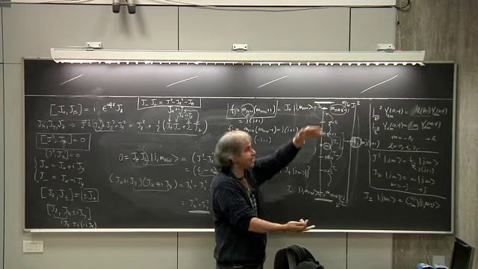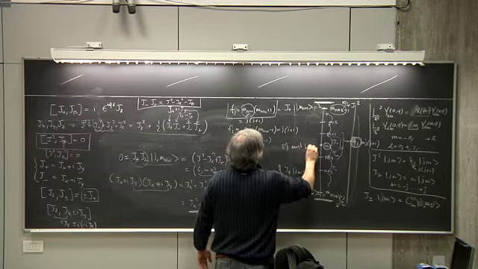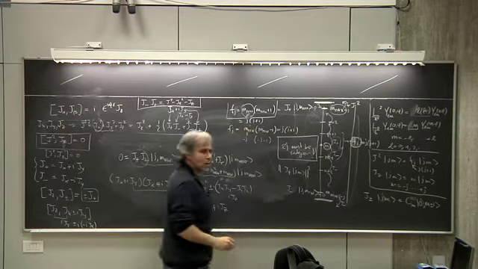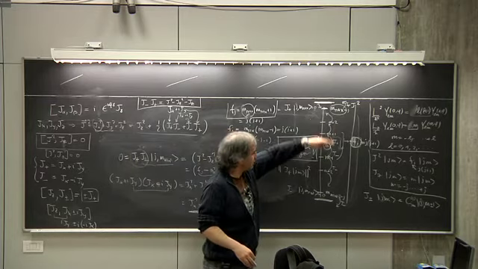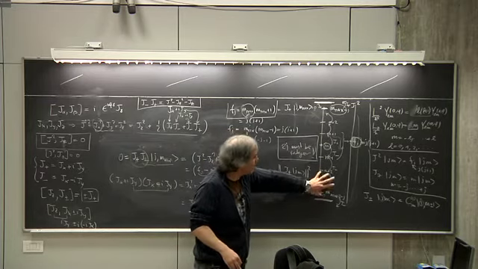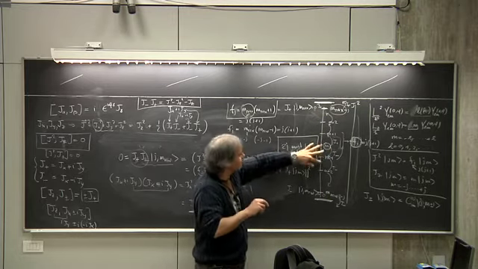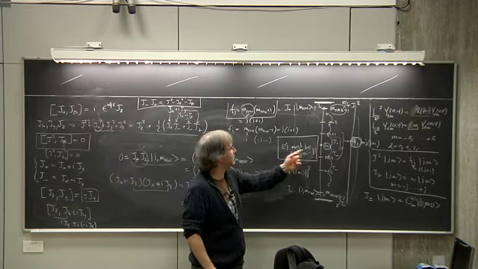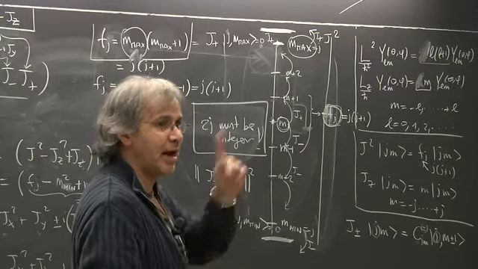You realize, right? So 2j must be an integer, because there must be a certain number of integer steps connecting the two. And therefore, 2j must be an integer, which means that j can be either an integer or a half integer.